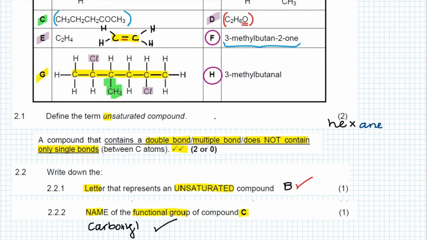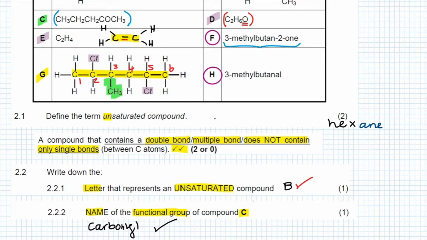If we start to number from the right-hand side, the methyl group falls onto carbon number 4. But if we number from the left-hand side, then the methyl group is going to fall onto carbon number 3. So numbering from the left-hand side gives the methyl group the lowest number possible.